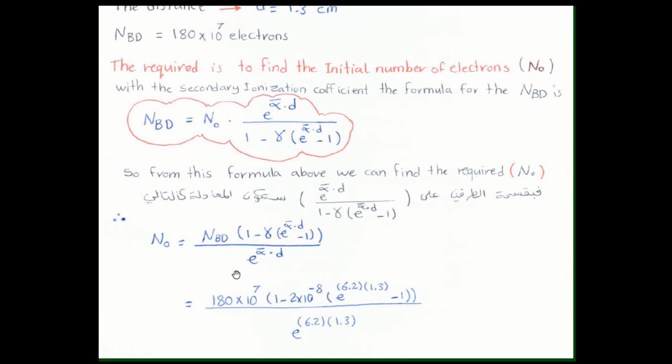So when we get this formula here, we need to substitute the value for NBD, which is the number of electrons in the breakdown situation, which is 180 into 10 to the power 7, and gamma, which is the secondary ionization, 2 into 10 to the power minus 8, and e to the power the net ionization of 6.2 and the distance of 1.3, and also the same thing here.